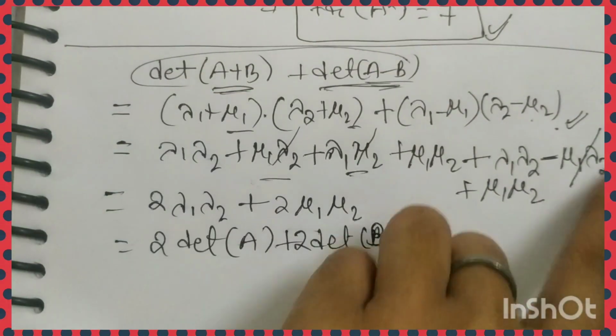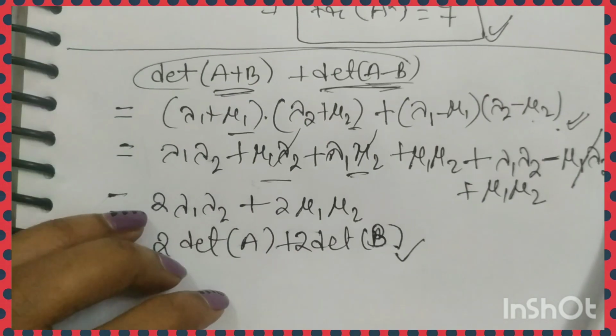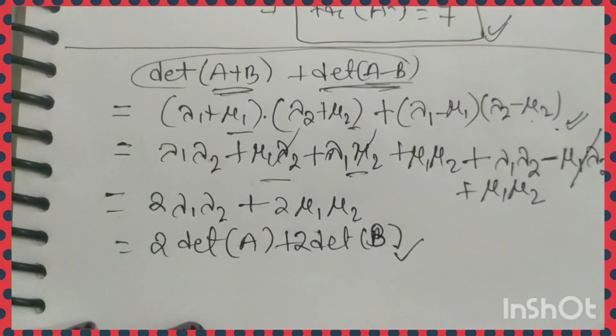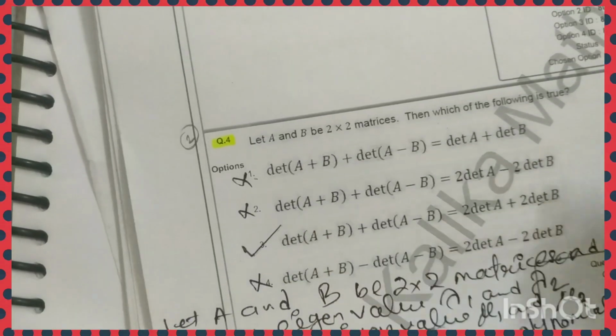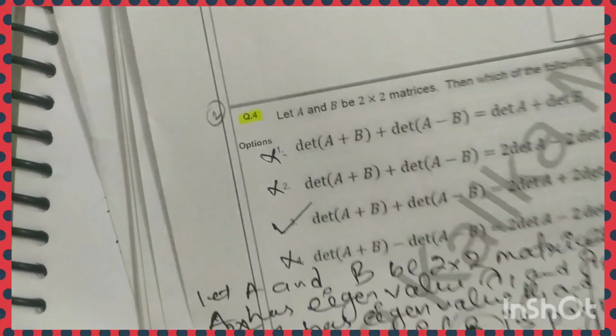I think it is a very simple method, and it avoids the writing. Or also if you want to do it quickly, just take A equal to B and verify it.